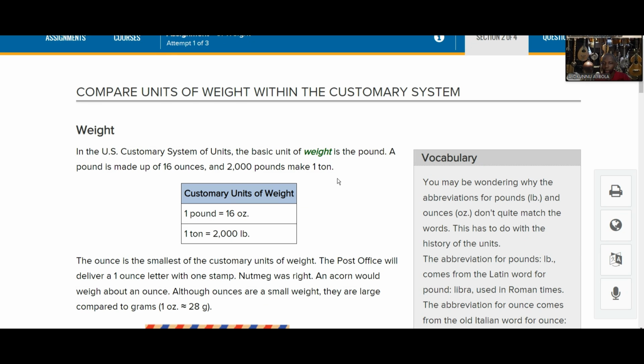Although ounces are a small weight, they are large compared to grams because one ounce is 28 grams. Is that clear? So you need to take note of all of these points because we're going to need them when it's time for the classwork contest. Okay, let's continue.